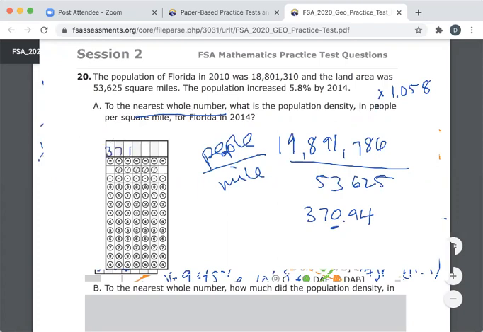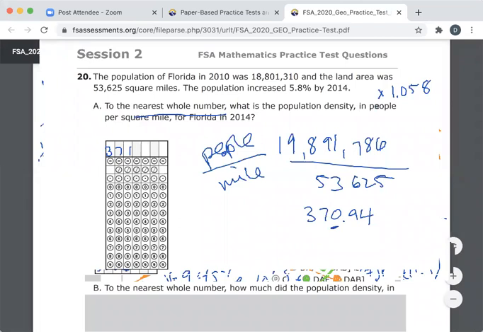371. Okay. For the second part, it says to the nearest whole number, right? We're going to round to the nearest whole number again. How much did the population density in people per square mile increase? Well, what was the population density to begin with?